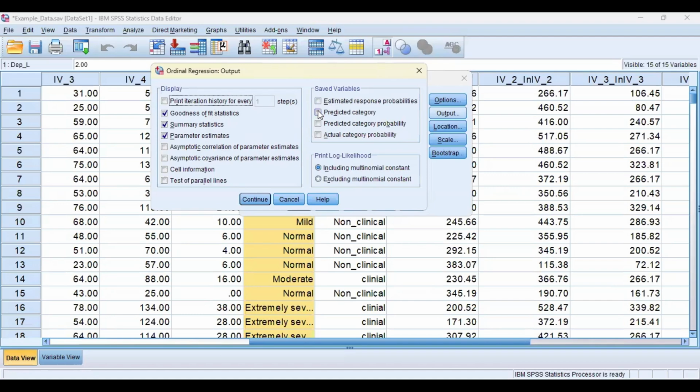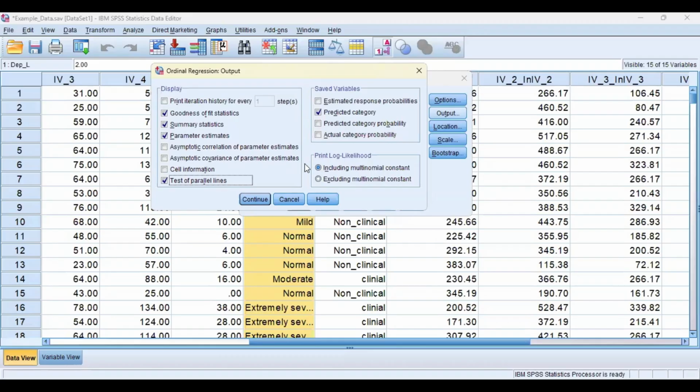The other things that you want to tick are predicted category and also test of parallel lines. This is about the only assumption that is specific to ordinal logistic regression, but it can be very easily checked. If you just tick this box, it will check this assumption for ordinal logistic regression. That is called the test of parallel lines.